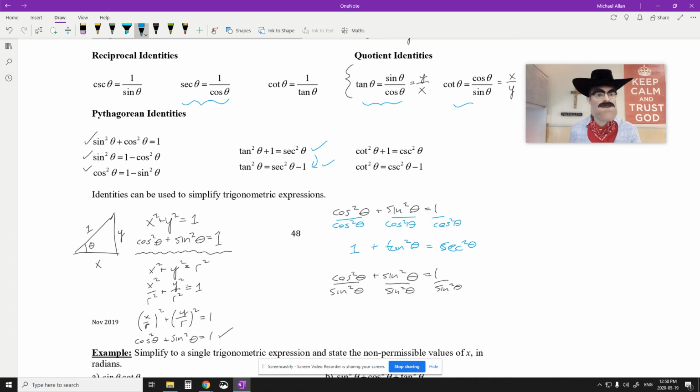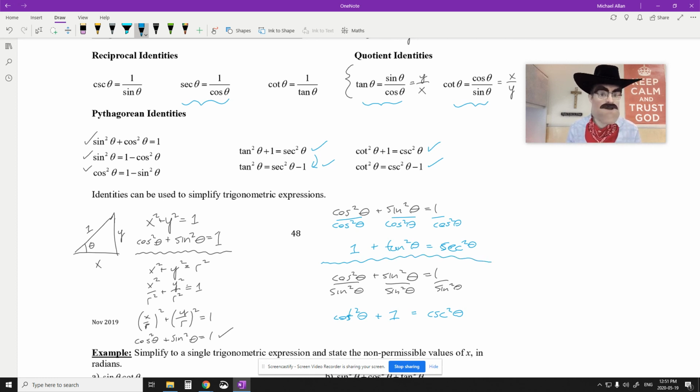Cos over sine, if you look up here, is cotangent, so cotangent squared. Sine divided by sine is going to be 1. And then 1 over sine is going to be cosecant, and that's being squared. There you go. So that one shows that identity, and that's just the rearranging of it. Okay. So that's making new identities.